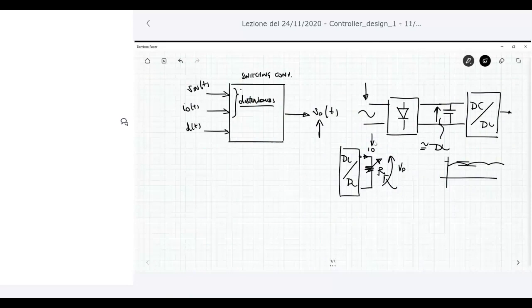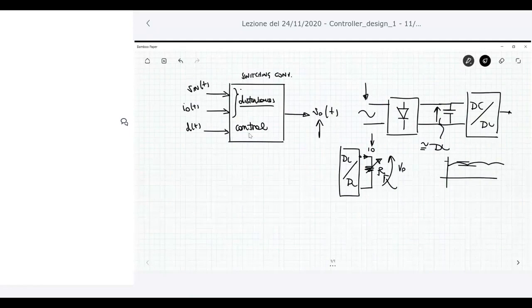Then you have the duty cycle. The duty cycle is your control. It is the quantity that exactly defines the time interval in which the switch is on and when the switch is off. So this is the control signal that sets the duty cycle.